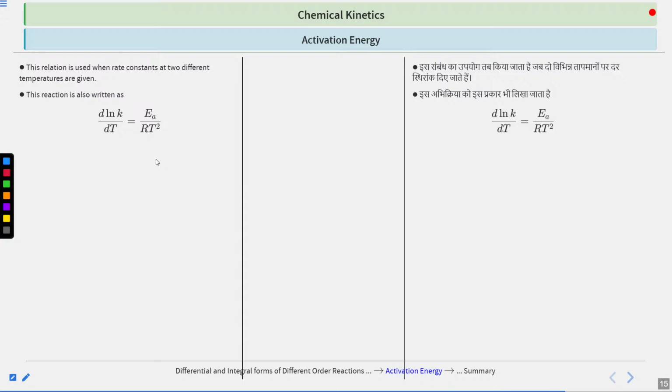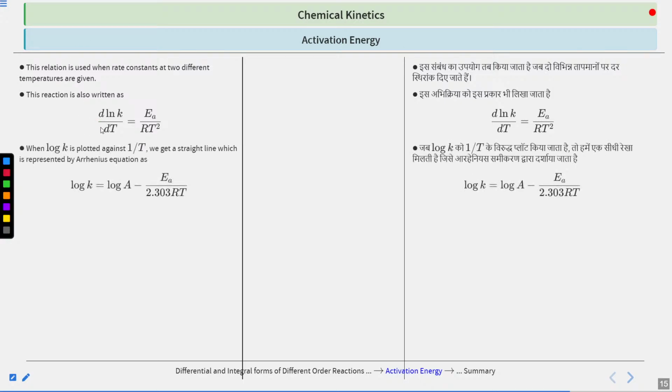Now if you differentiate that equation, you will get this, and if you take log of that, then you can get this also. So here it is 2.303 because we have taken log. Now this same graph has been plotted here also, log k versus 1 by T. So it is a more detailed one because we have taken a sample here, and your equation is also given. So this is y, this is mx, and this is c.